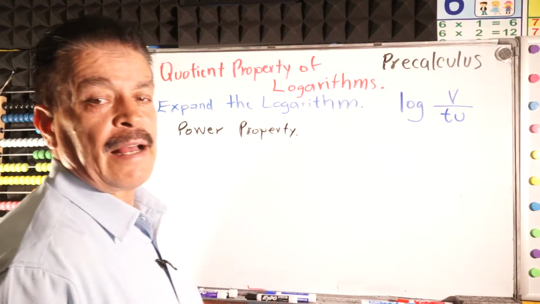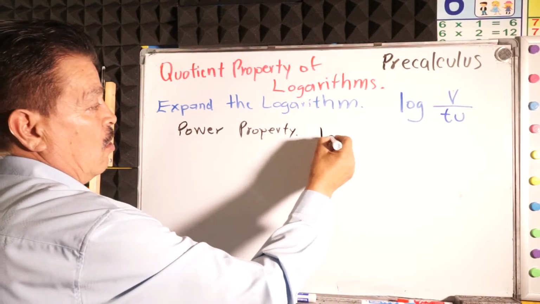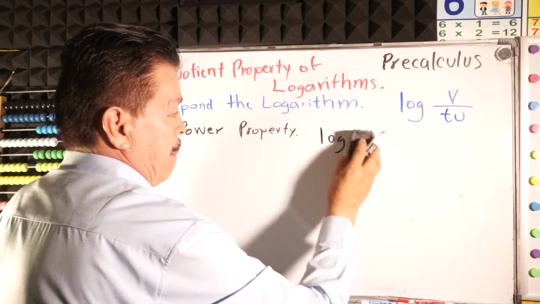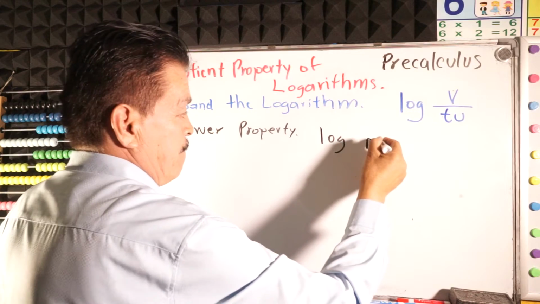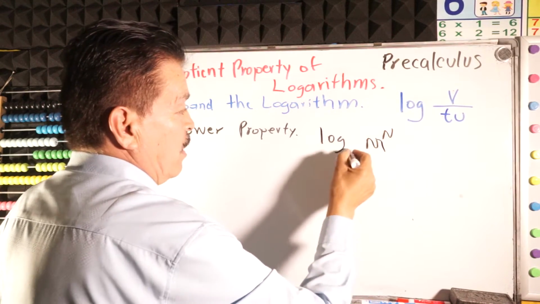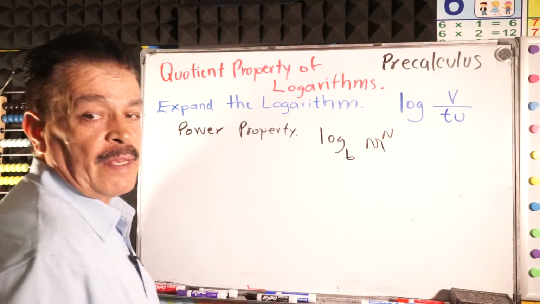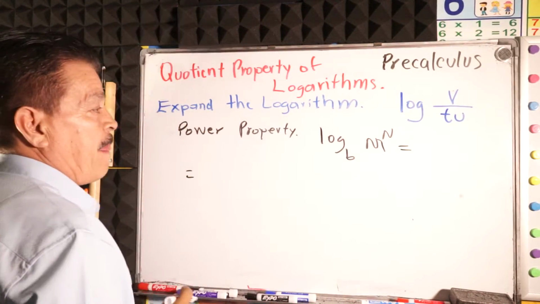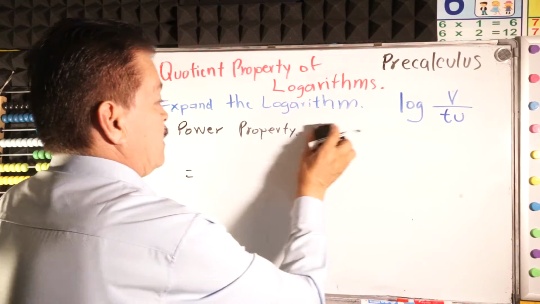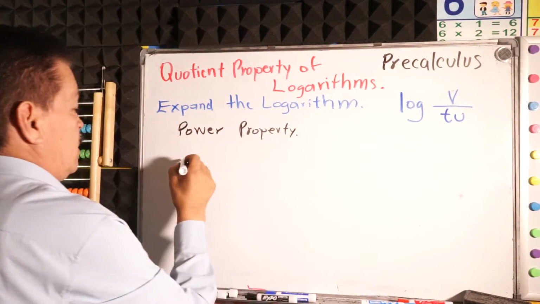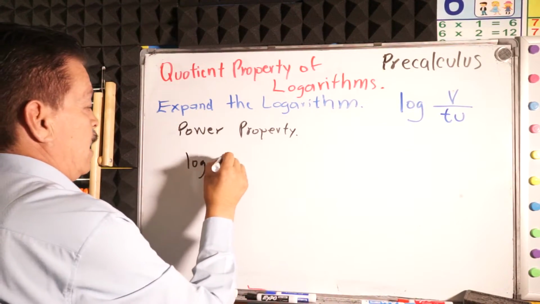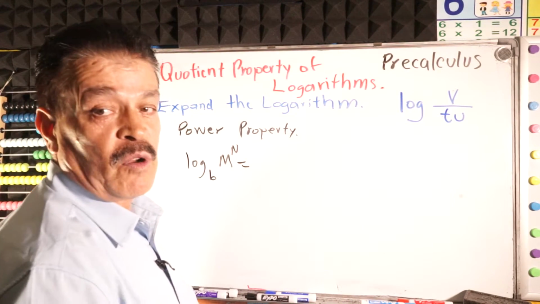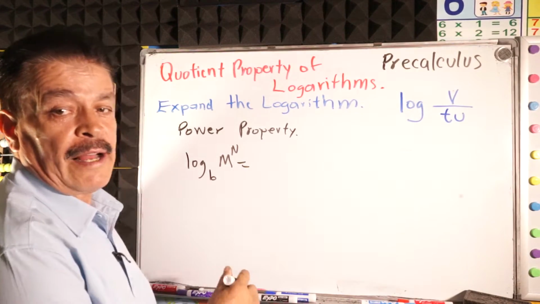Log m to the n power with the base b equals, let me write this here, log m to the n power with the base b.